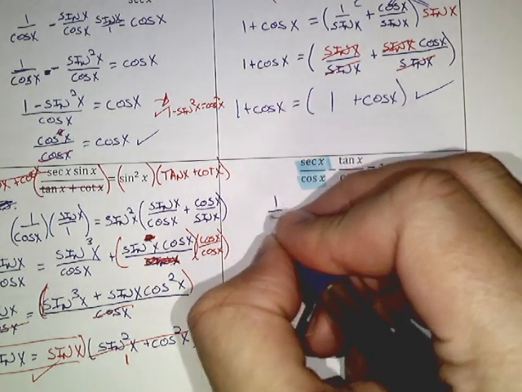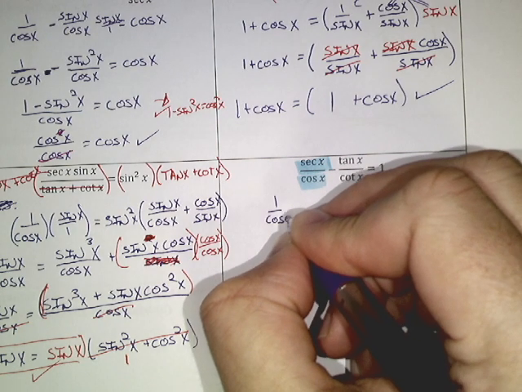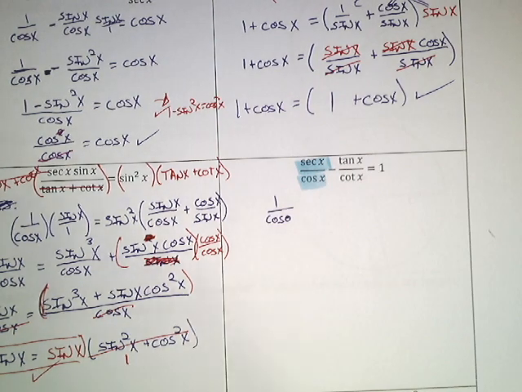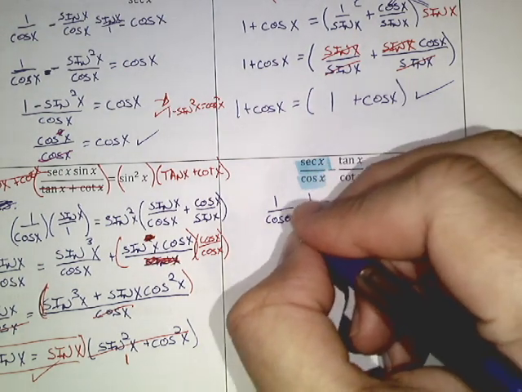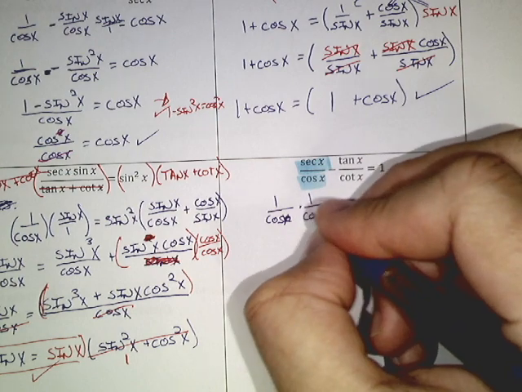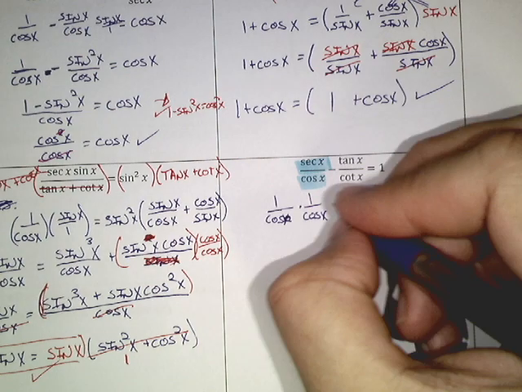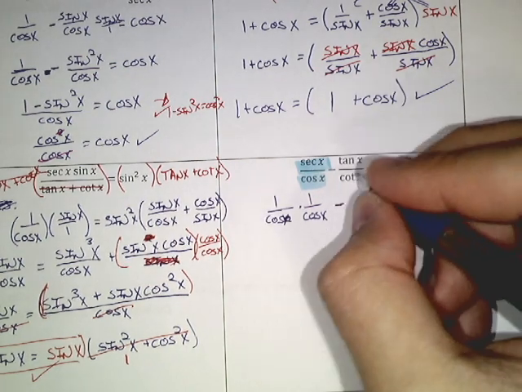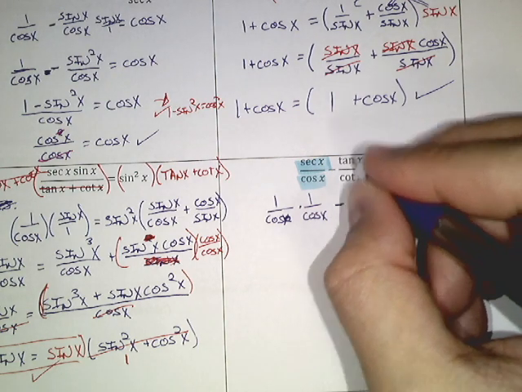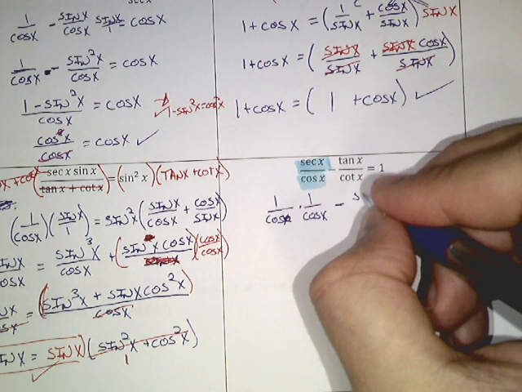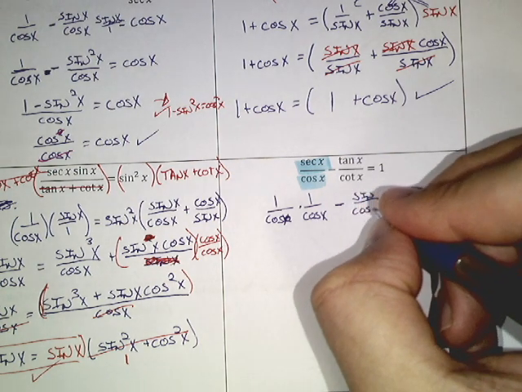That's going to be 1 over cosine theta times, and then we have this cosine on bottom, so that cosine will stay on bottom. Minus, so tangent is sine over cosine.